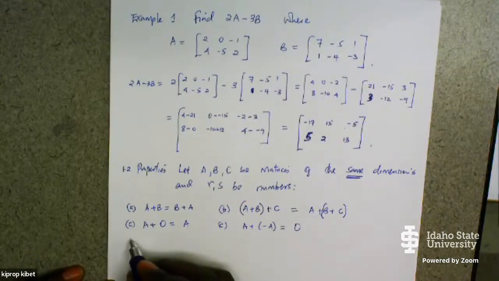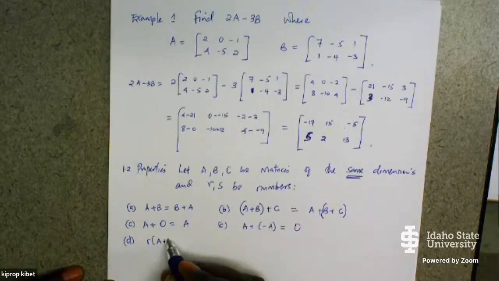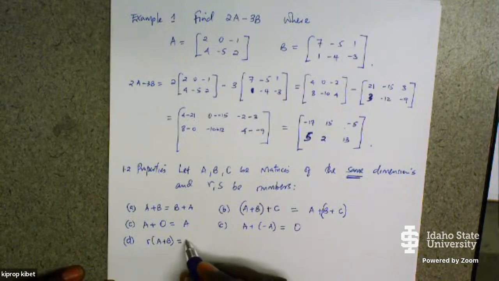0. And then number D, R times A plus B is the same as distributing R, A plus what?